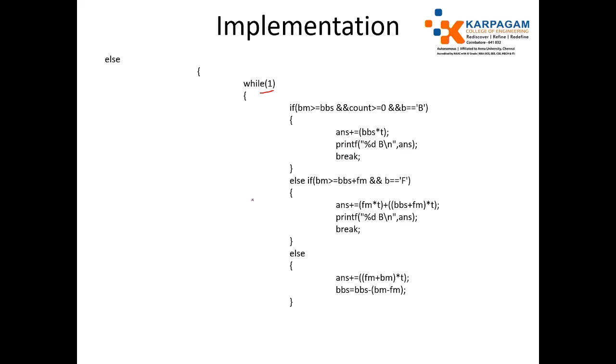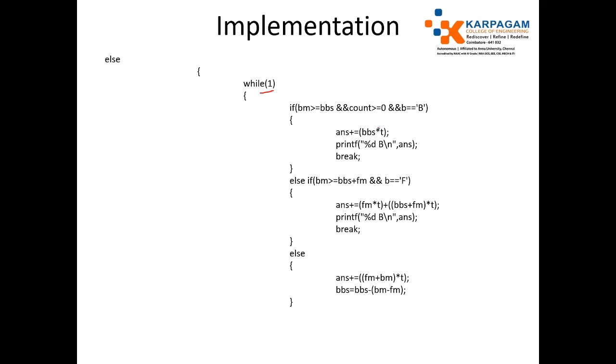Immediately give break. Similarly, if BM greater than BBS plus FM, B equal to F, this means multiply FM with T and BBS plus FM with T and store into the answer. This is the time taken to slip in the forward direction.